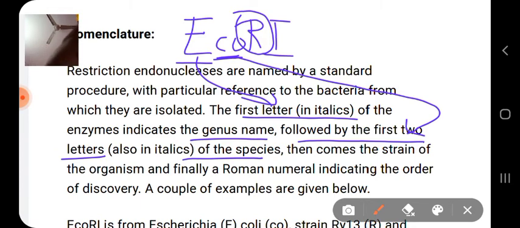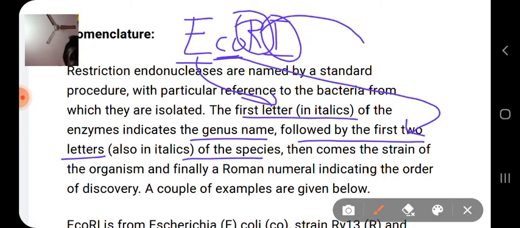It is taken from the R strain, and finally a Roman numeral is given, EcoR1. That 1 refers to whether it is the first, second or third enzyme. So EcoR1 refers to the first restriction enzyme isolated from the R strain of the E. coli organism.